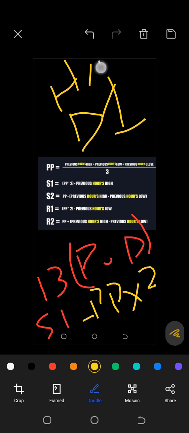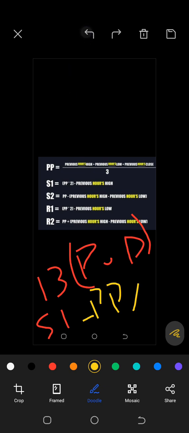If you want to calculate the S2, which is support level 2, you subtract the previous low from the pivot point plus the previous high.